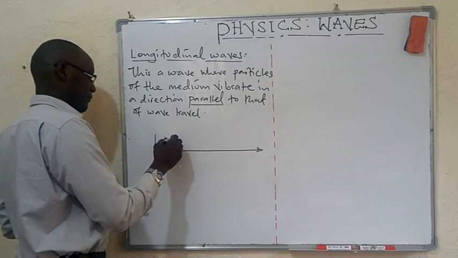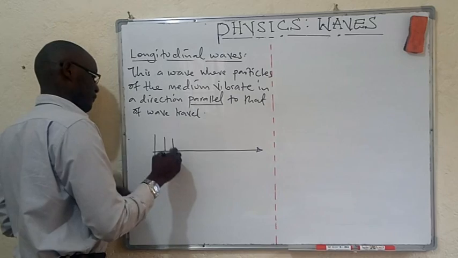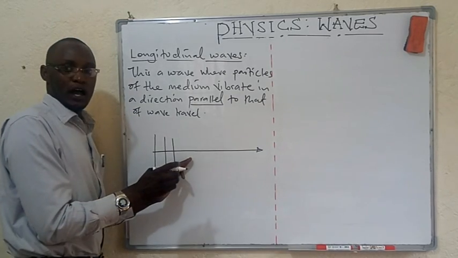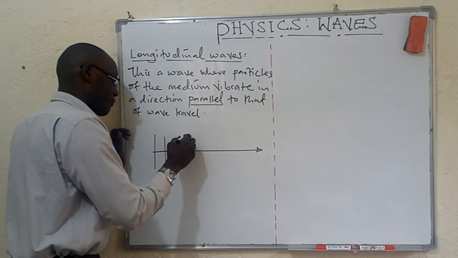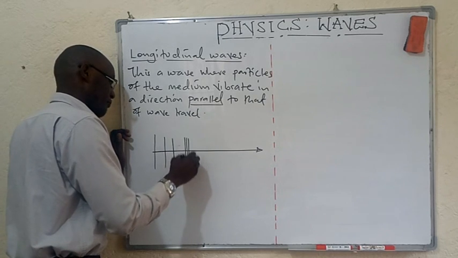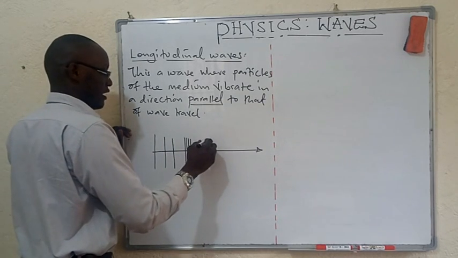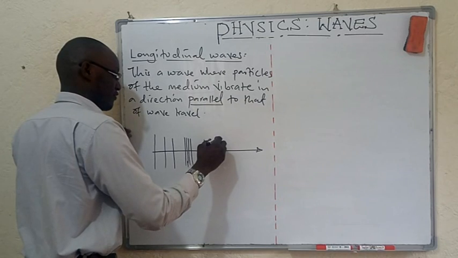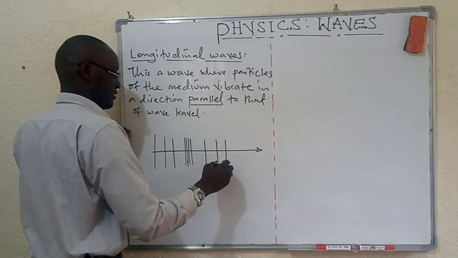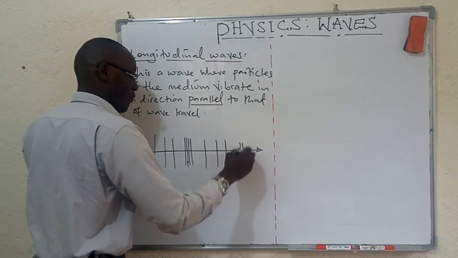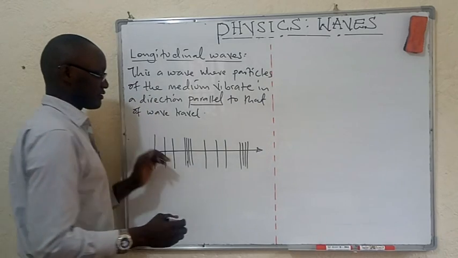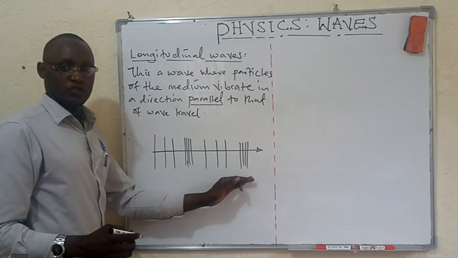And then after a particular distance, they come and compress. Then again, they go back and give rarefactions. And then finally, they come and compress. That's what is going to happen.